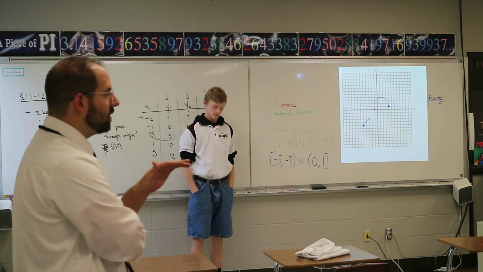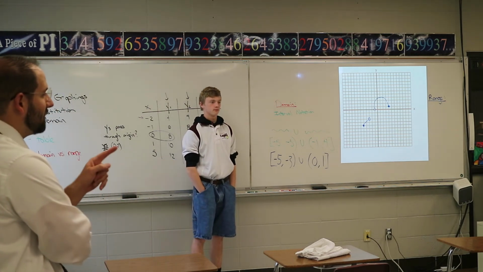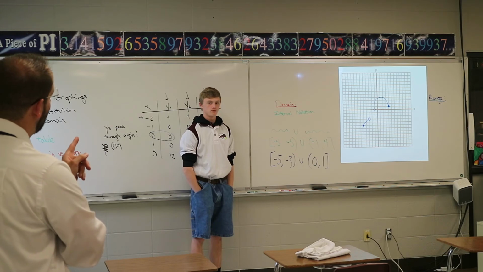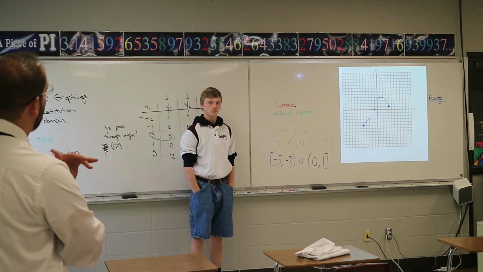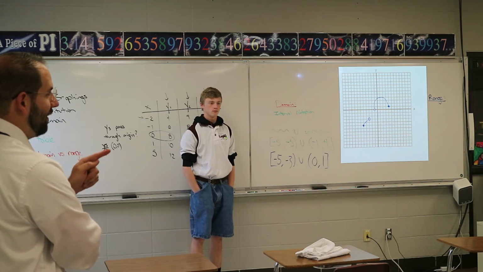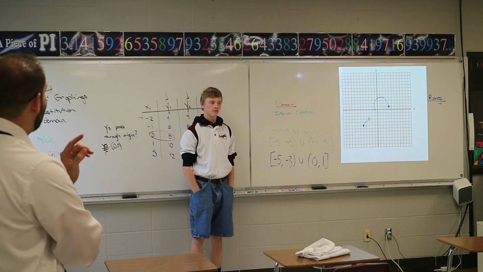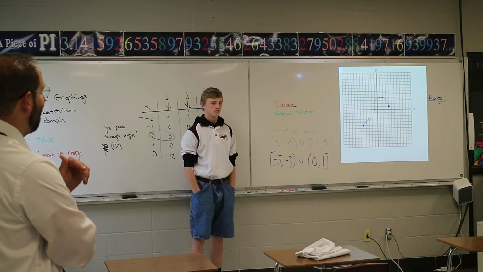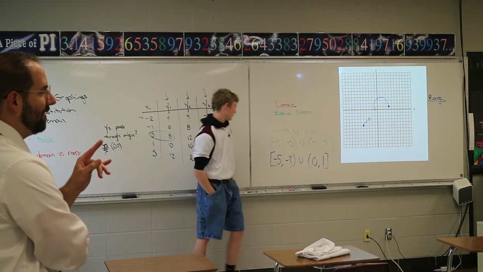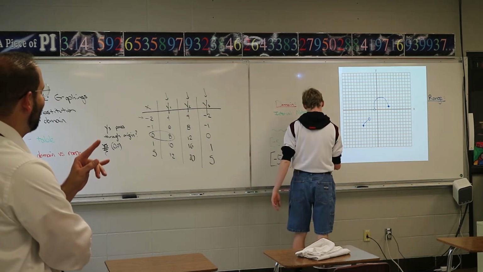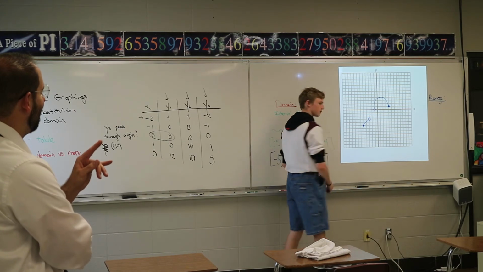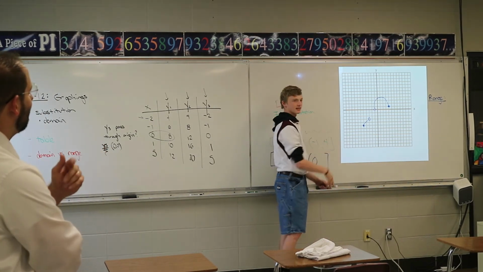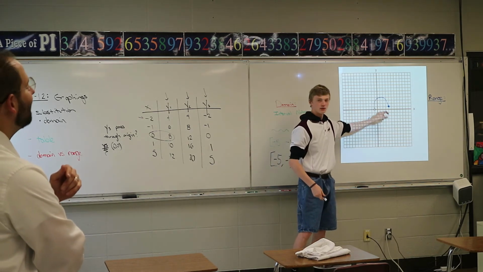Any concerns, comments, changes? Doesn't it go up to 4? Does it go up to 4 or 1? We're going up and down. 4 or 1, which one? Oh! Wait. It's gotta be 4, right? Because that's up there and that's up there.